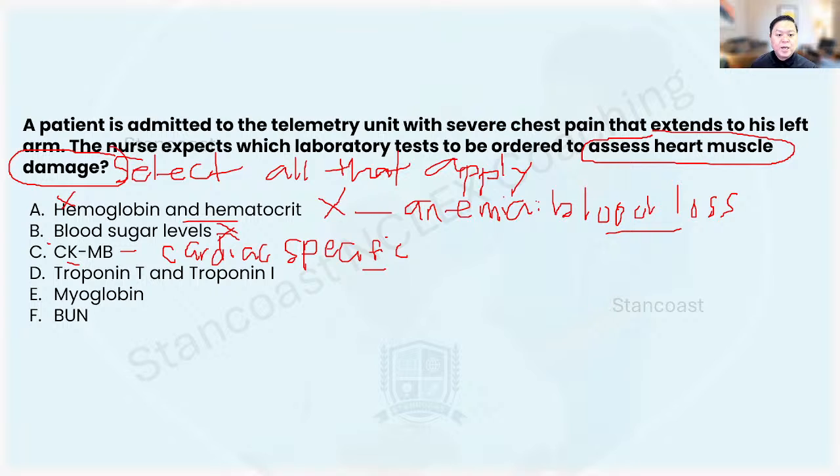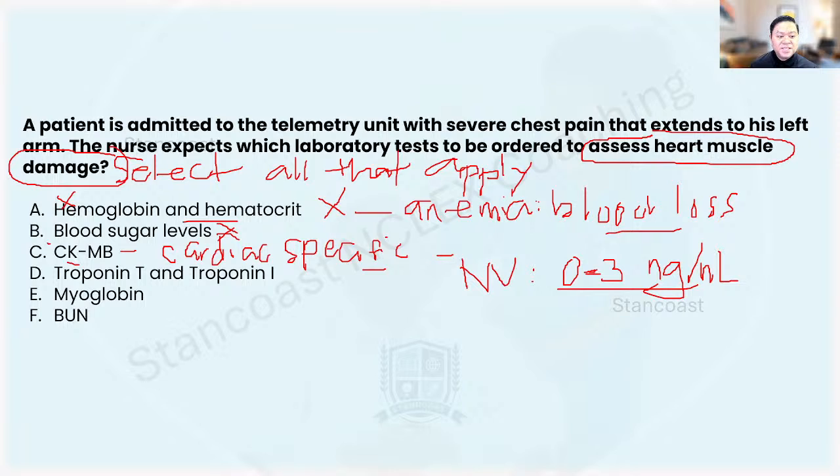Okay, now if you may recall the normal value of the CKMB, what is the normal value, guys? It is around 0 to 3 nanograms per ml. I'll just use that simply, 0 to 3 nanograms per ml.